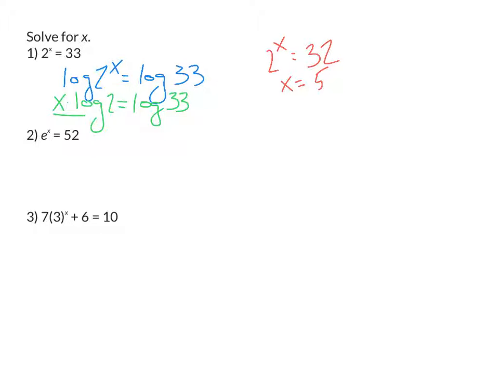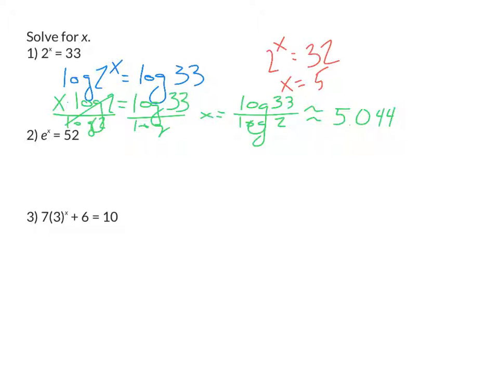And so then to get x by itself, we would divide by log of 2. So x is equal to log of 33 divided by log of 2, which evaluates out to approximately 5.044.